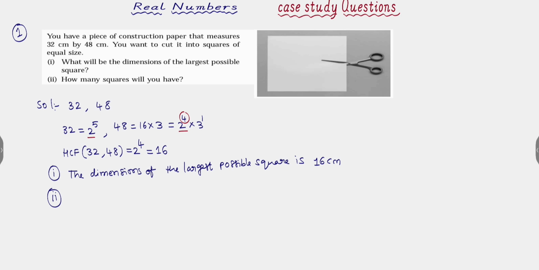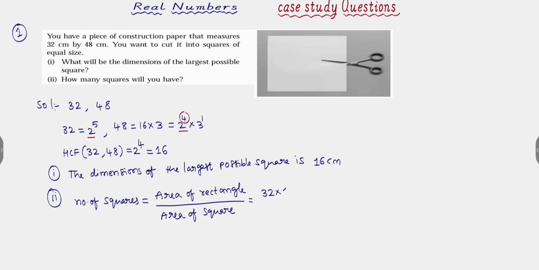The number of squares that can be made from that rectangular paper is the area of the rectangle divided by the area of the square. The area of the rectangle is length into breadth, that is 32 into 48, divided by side into side. The side is 16, so 16 into 16.